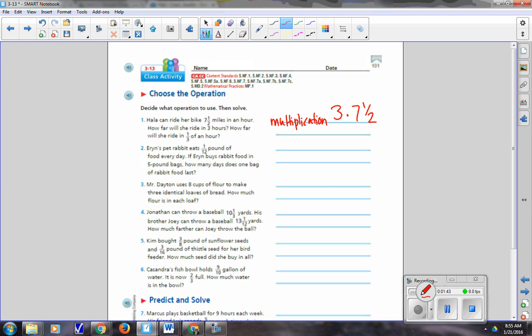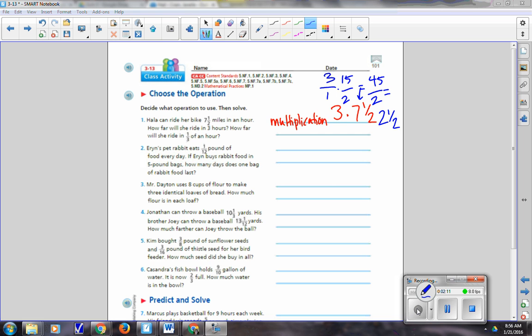So in order for me to do this, the very first thing I have to do is what? I hear you saying it. Convert this into an improper fraction. So 2 times 7 is 14, plus 1 is 15, so it's going to be 3/1 times 15/2.